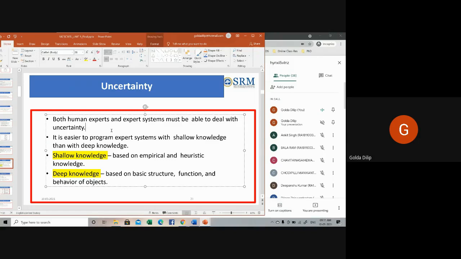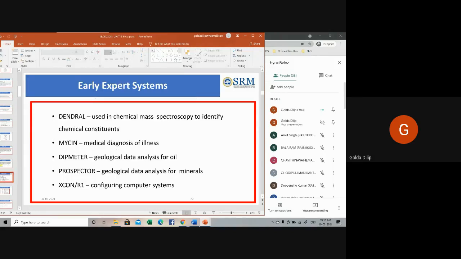Next, moving on to the early expert systems. These are the different types of popular expert systems available. The first one is the Dendral expert system, which is basically a chemical analysis expert system.